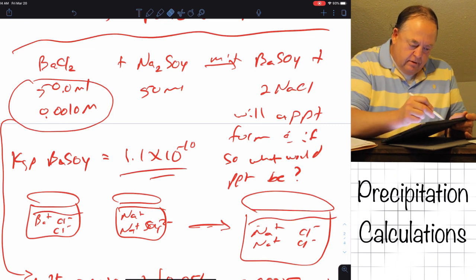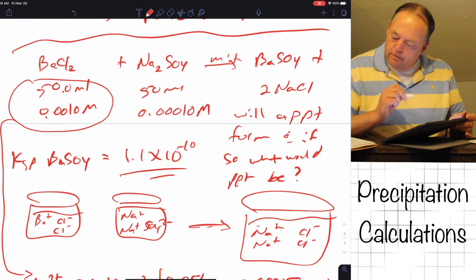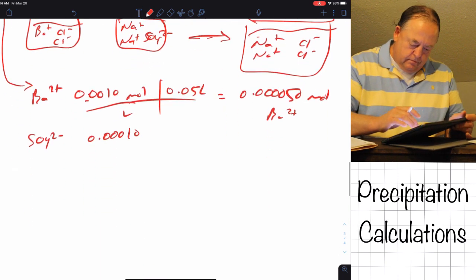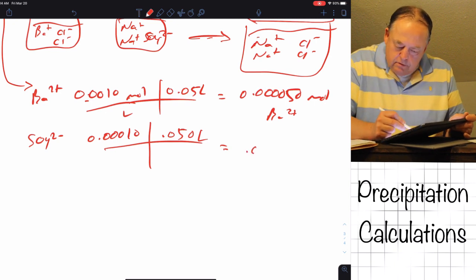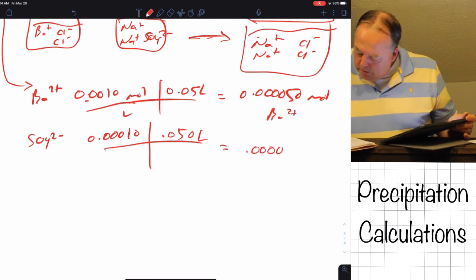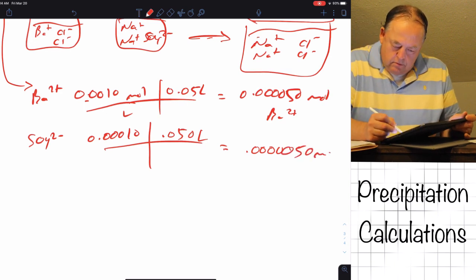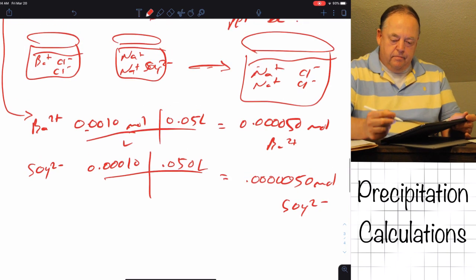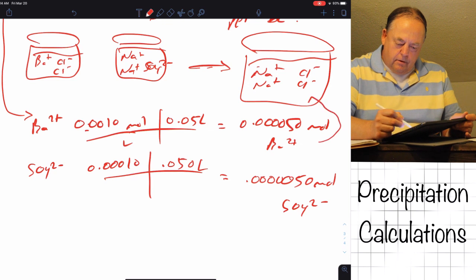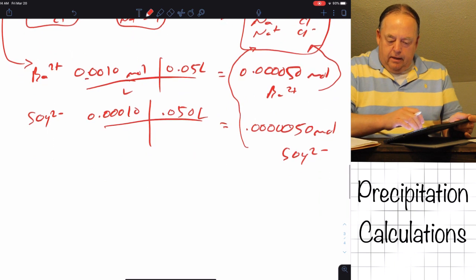This is supposed to be 0.00010 molar. And 50 mils of that, so 0.05 liters. Okay, so that's how many moles of barium are in this flask, and that's how many moles of sulfate are in this flask.